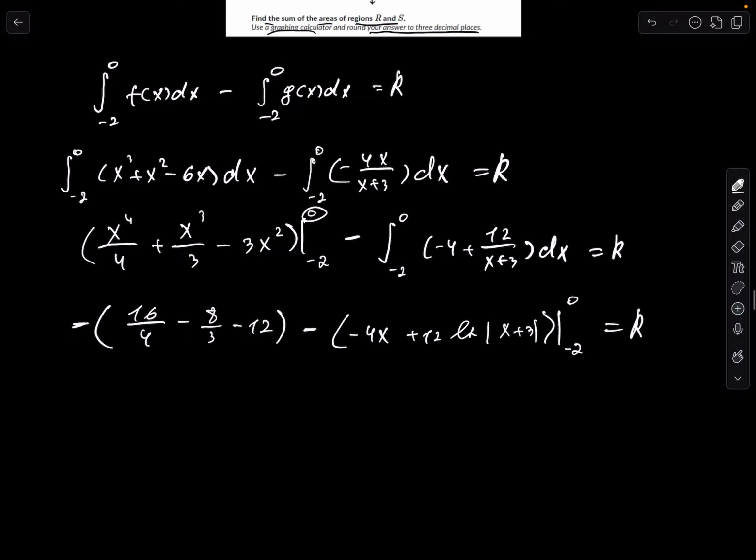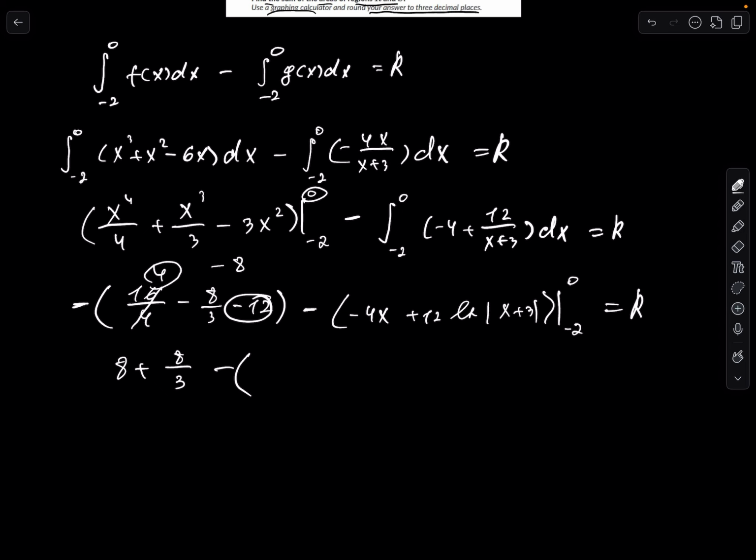So what do we get here? This is 4 minus 12 here is going to give us negative 8. And then we have a negative sign here, so it's going to be positive. Negative is positive, so 8 plus 8 over 3, and now this part is left.